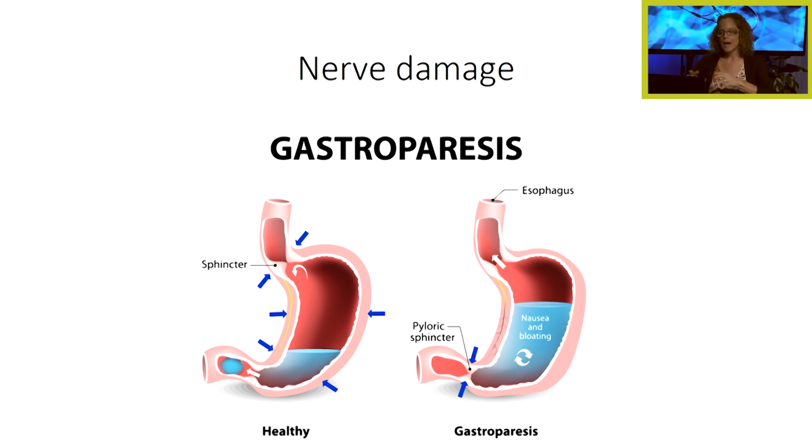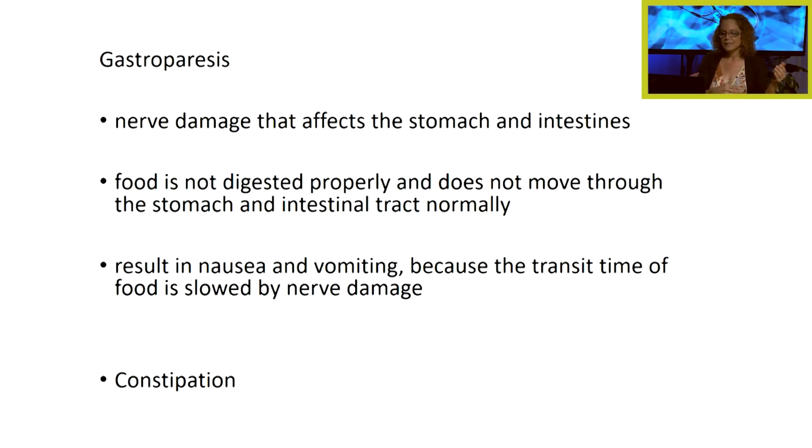So our nerves communicate with our different parts of our body. Like we said, our nerves communicate with our organs for things to happen inside the body. And so what happens in gastroparesis is that there's nerve damage that affects the stomach and the intestines, okay?